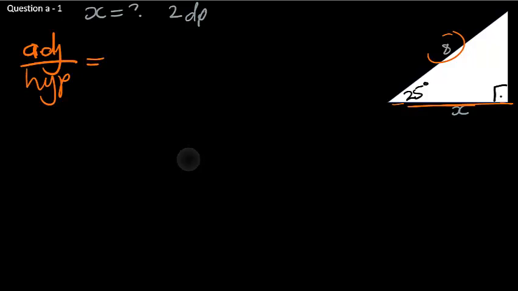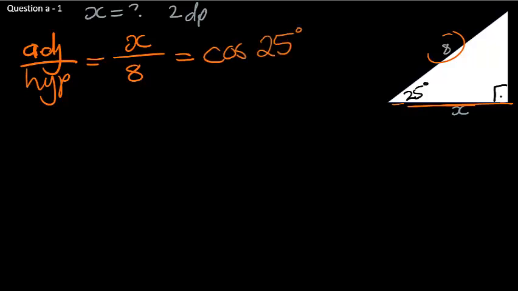That gives me x over 8, and adjacent over hypotenuse is cos of 25 degrees. Now I am going to multiply by 8 on both sides, so that cancels out here, and I have x is equal to 8 cos 25 degrees.